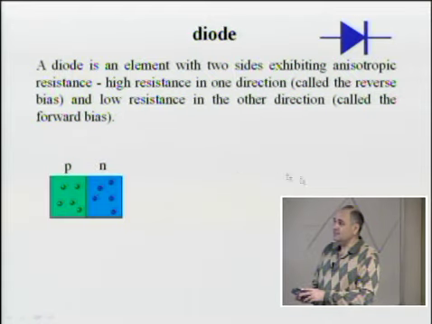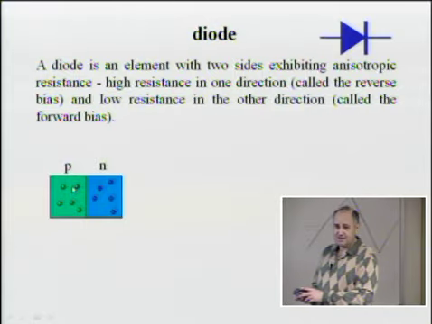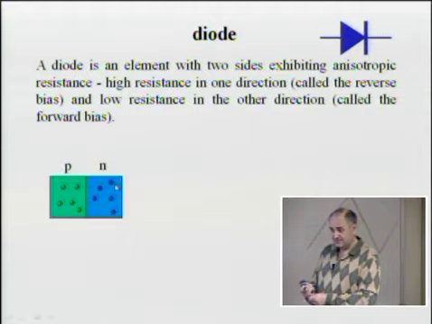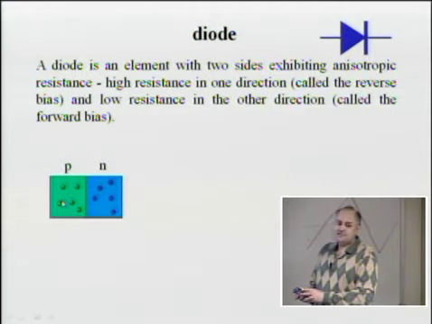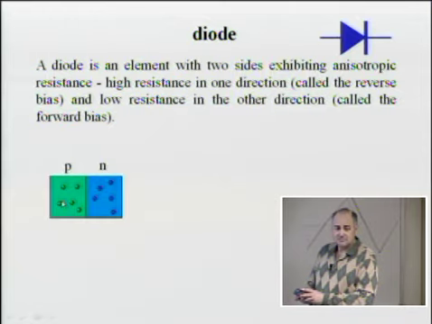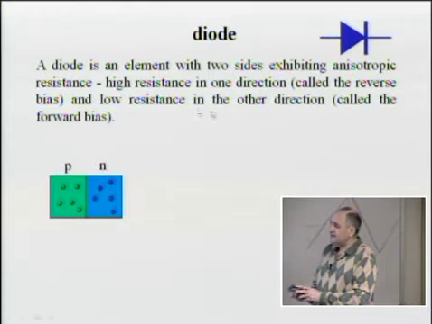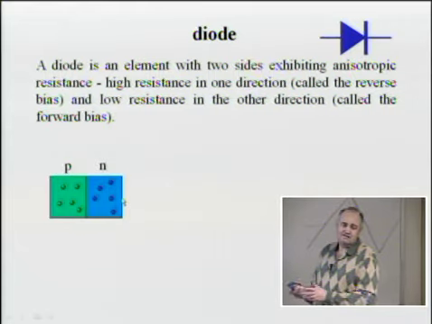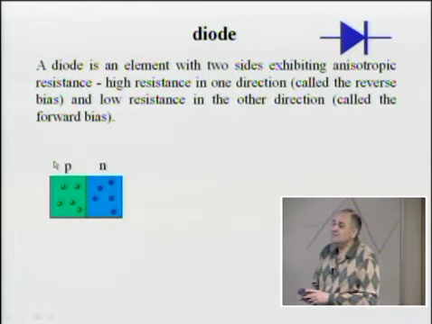The important thing is that in one of those semiconductors we have positively charged particles which carry current, and in the other one we have negatively charged particles which carry current. These positively charged carriers are referred to as holes, H-O-L-E-S, and negatively charged are obviously electrons. Holes are really missing electrons.